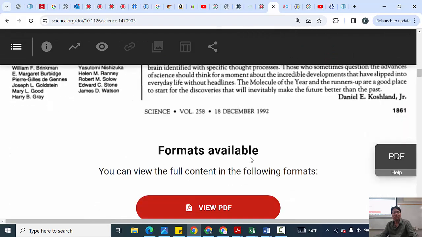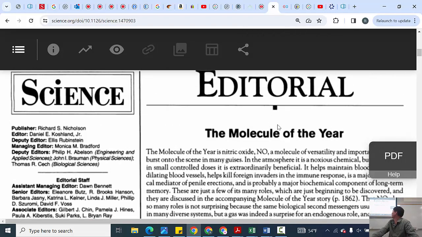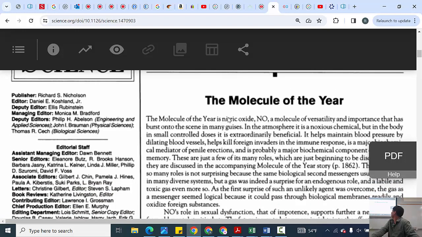It was quite a while ago. When was it? 1992. Since then, there have been many other molecules of the year. But the molecule of the year is nitric oxide, NO. A molecule of versatility and importance that has burst onto the scene in many guises.